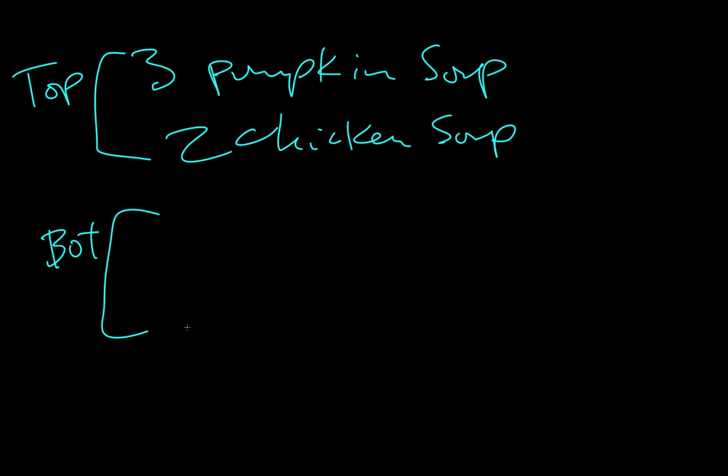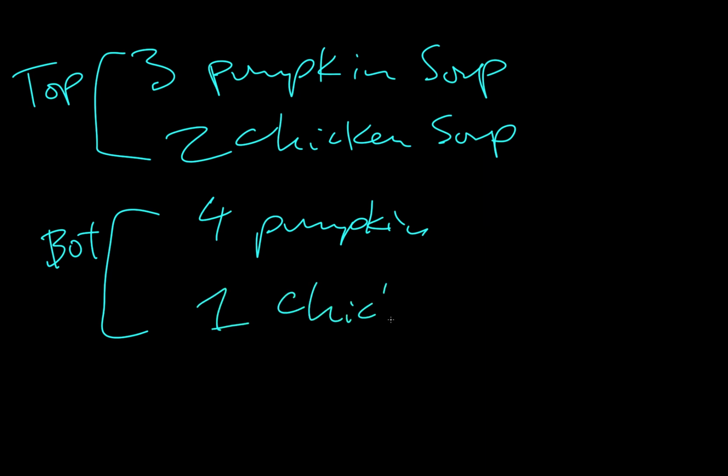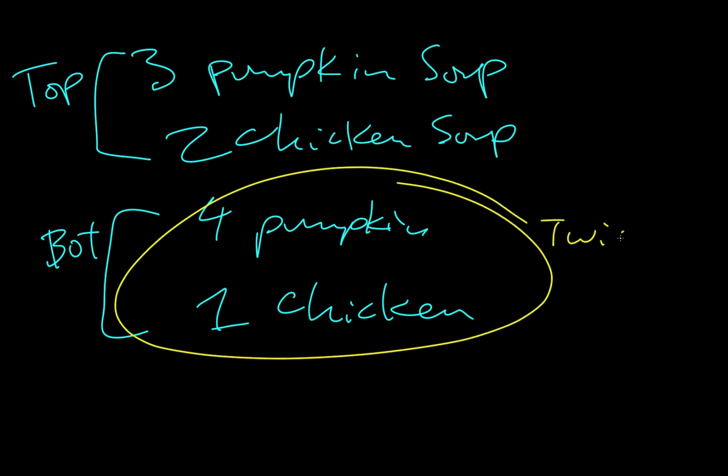Now the bottom shelf contains 4 cans of pumpkin, and 1 can chicken. Lukash is twice as likely to take a can from the bottom. So, twice as likely.